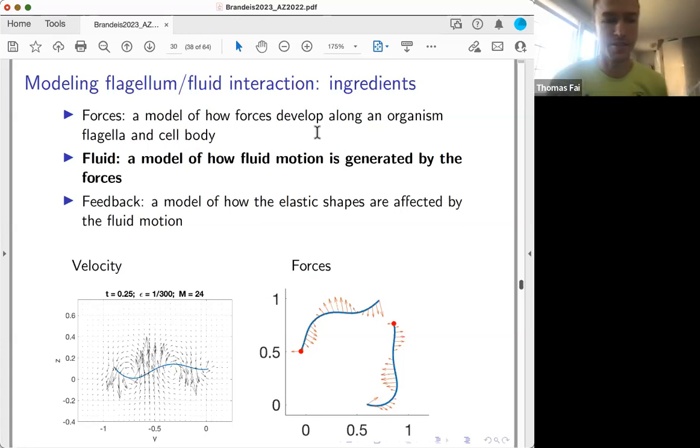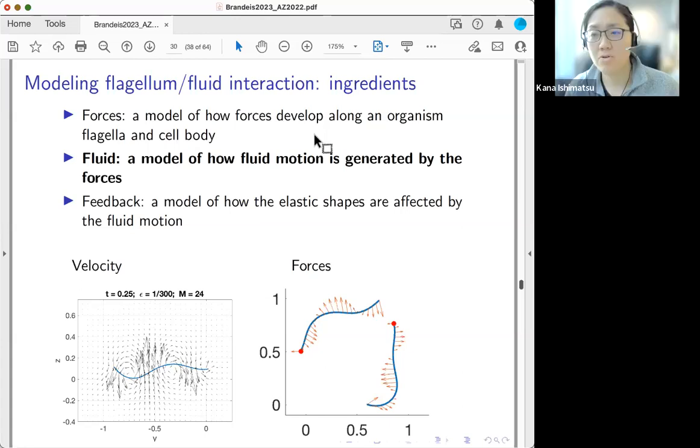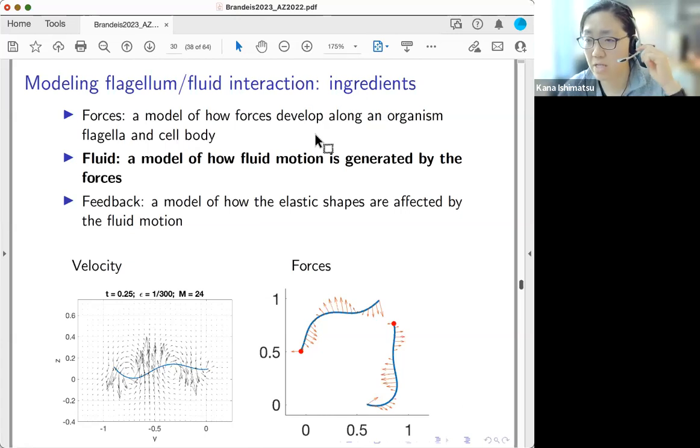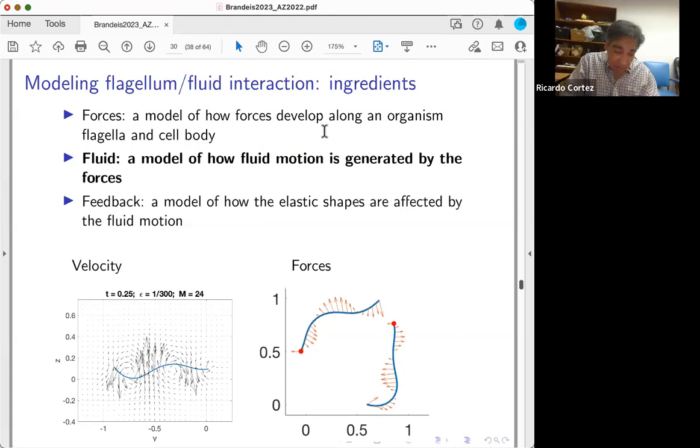I see. Thanks. I also had a question. How do you decide how many points you place on the wall or on the flagella? Yeah, well, on the wall, you have to try to model this as a solid wall, right? So the more points you have, the better, but then your linear system becomes really large.